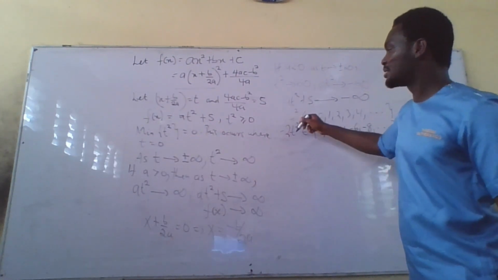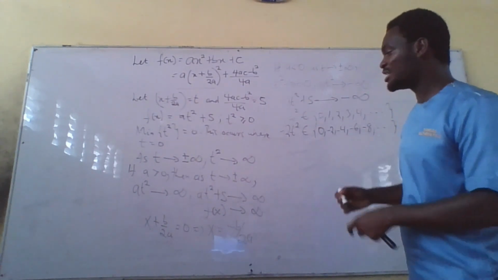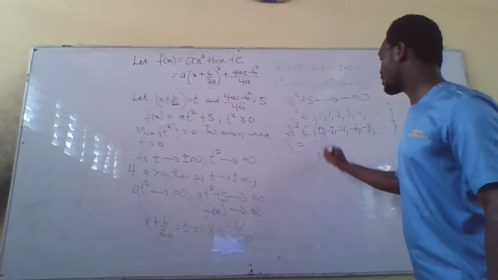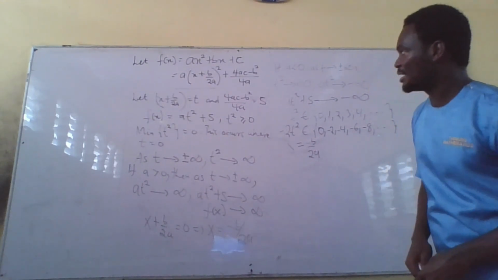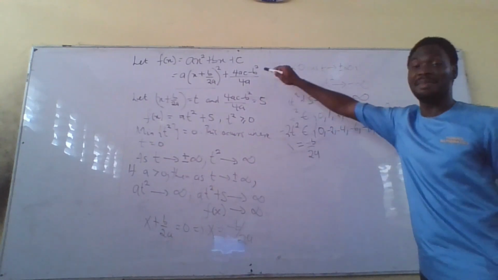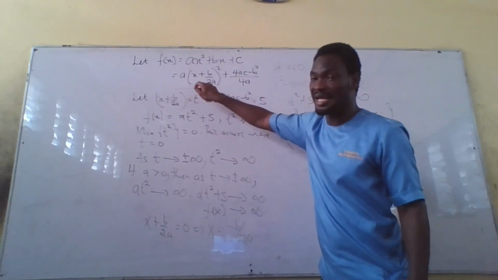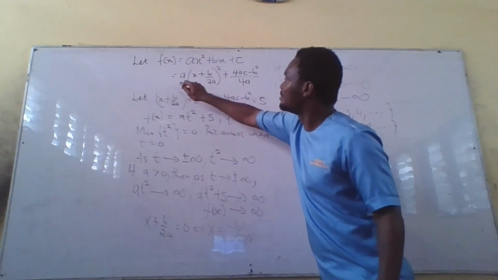So at that same point where t squared is minimum, which we know corresponds to x being equal to -b/2a, what do we find? So now we want to find the maximum value. So we come back and plug it here again. We have 0, 0 times 0.